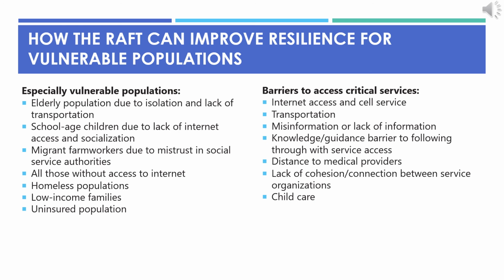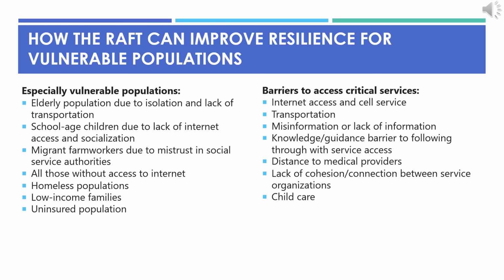Thanks to a COVID-19 rapid response grant from the University of Virginia's Environmental Resilience Institute, one of our RAFT team members has been working in the Northern Neck to better understand vulnerable populations and their needs. Through this research, we have identified several categories of especially vulnerable populations, including the elderly population due to isolation and lack of transportation, school-aged children who lack internet and socialization, migrant farm workers who have mistrust in social service authorities, those without access to the internet, homeless populations, low-income families, and uninsured populations.